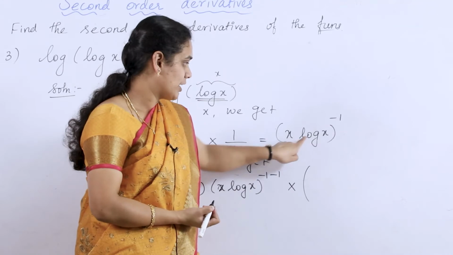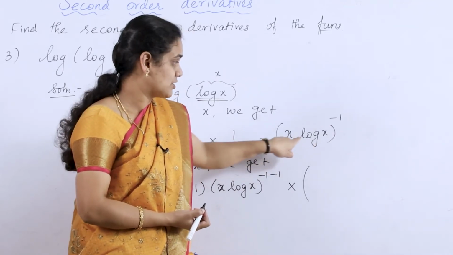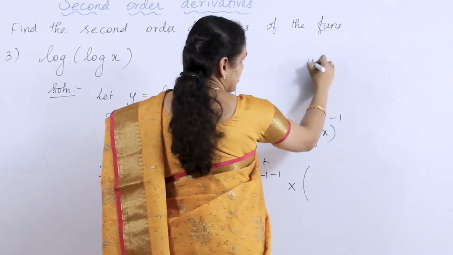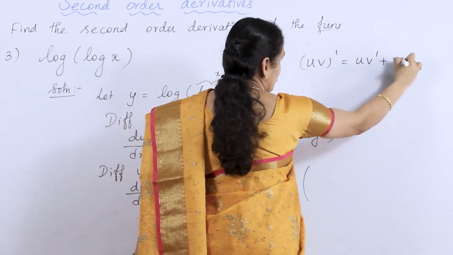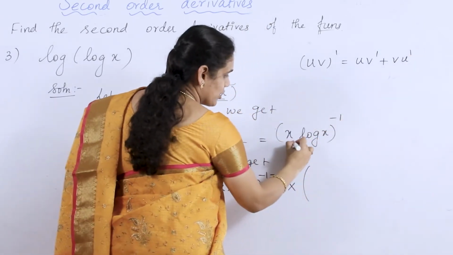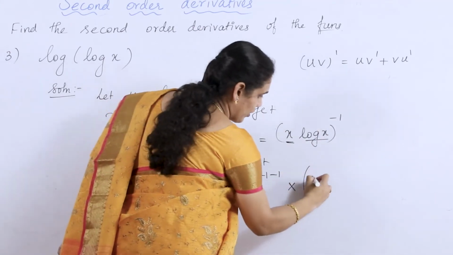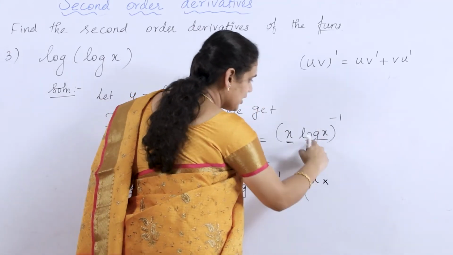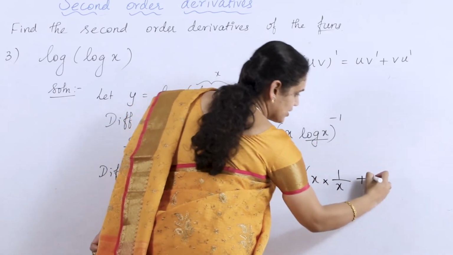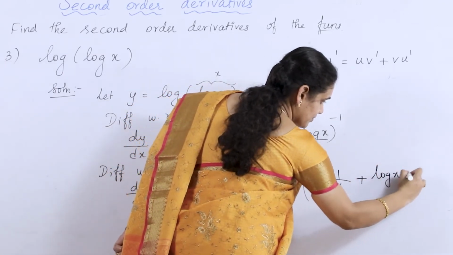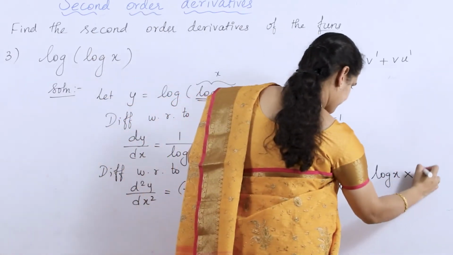Here x log x, these two are in multiplication, a product of two functions, right? So here again we use the Leibniz rule, uv whole dash is equal to uv dash plus vu dash. You keep this one constant and differentiate this, and keep this constant and differentiate this one. So x into differentiation of log x is 1 by x, plus, keeping this constant, log x into differentiation of x with respect to x, which is 1.